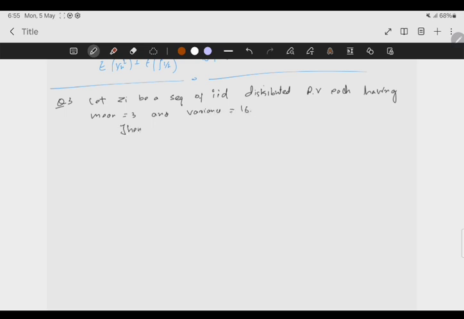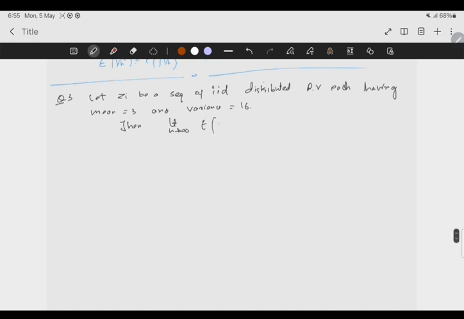Then limit n tending to infinity, expectation of n times Z bar minus 3 whole square is equal to.